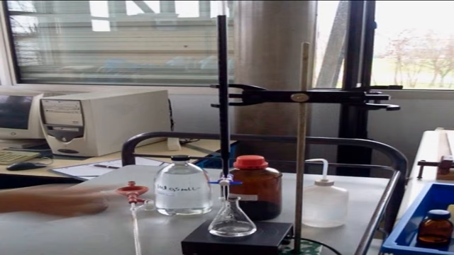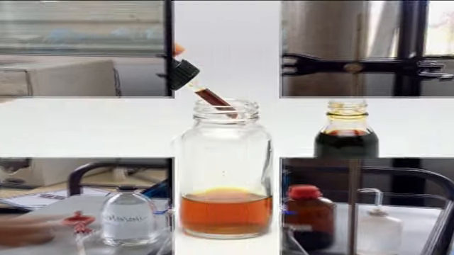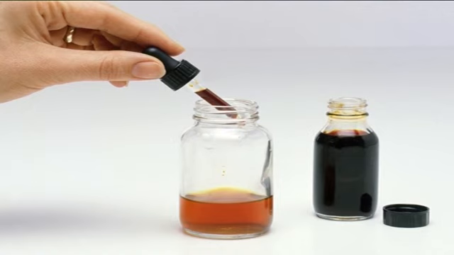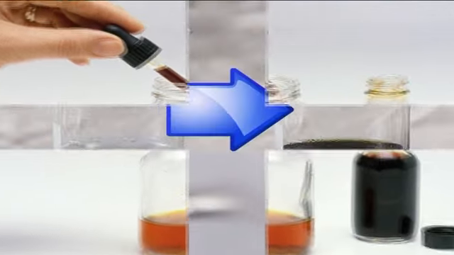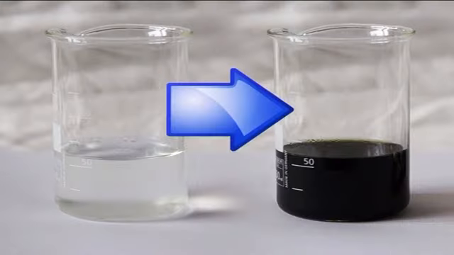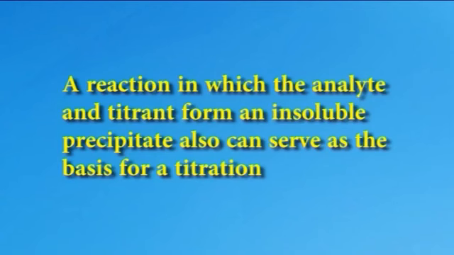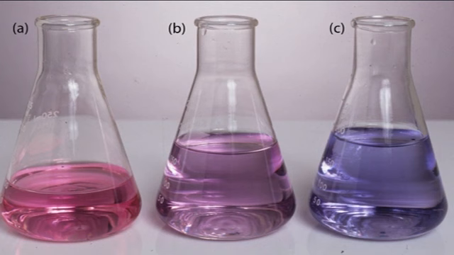A common example of a redox titration is treating a solution of iodine with a reducing agent and using starch as an indicator. A reaction in which the analyte and titrant form an insoluble precipitate also can serve as the basis for a titration. We call this type of titration a precipitation titration.